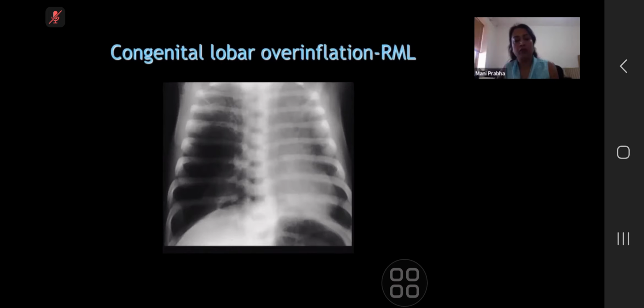Yes, we will have to do CT if we want to confirm lobar emphysema. We can do ultrasound just if you are suspicious about CCAM or congenital diaphragmatic hernia. But if that is not on your differential list, then you would straight away proceed for CT.